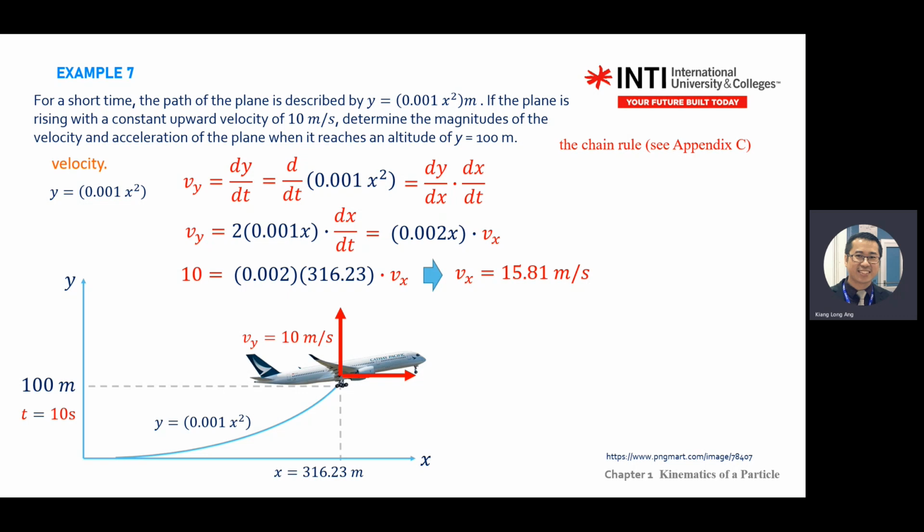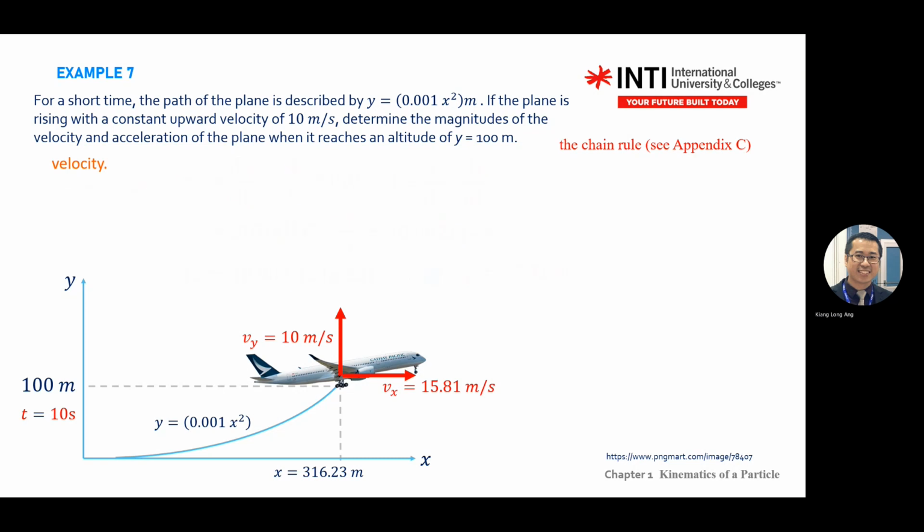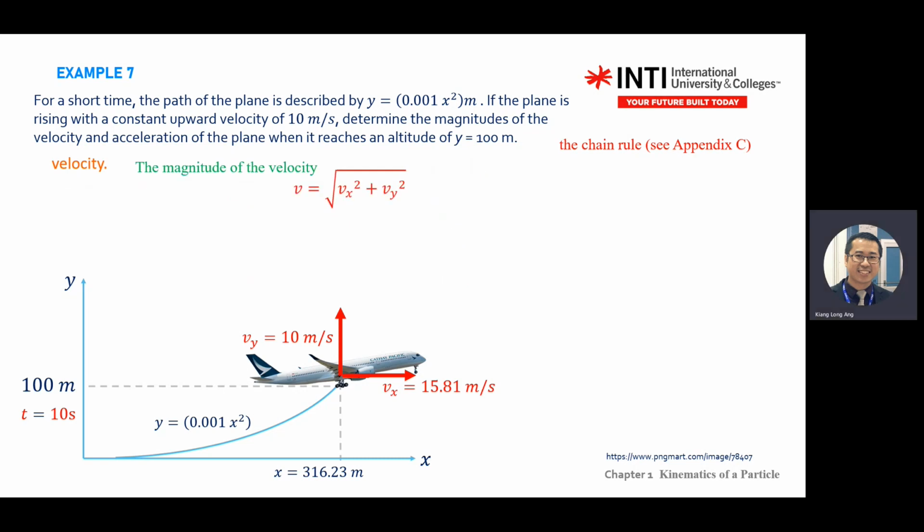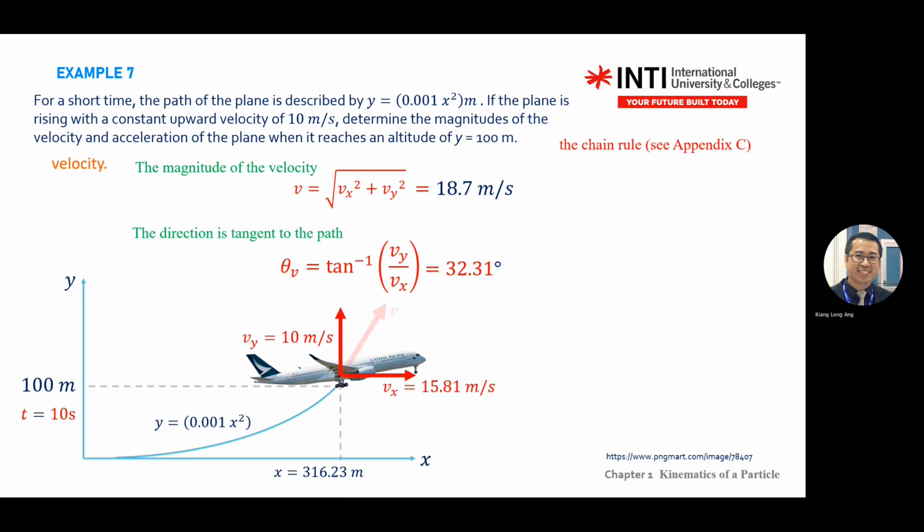Again, this is a right triangle. Use the trigonometry equations: the magnitude is the square root, substitute and you get 18.7. The direction, from the tangent, is 32.31 degrees. Update this information in the diagram. Draw the resultant and the angle.